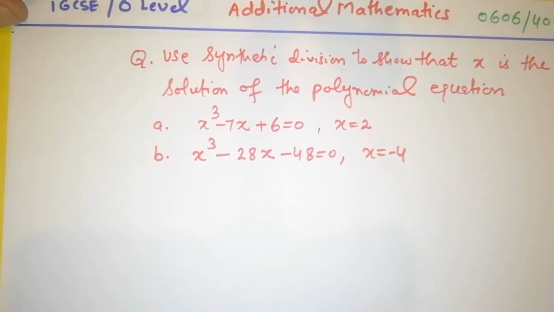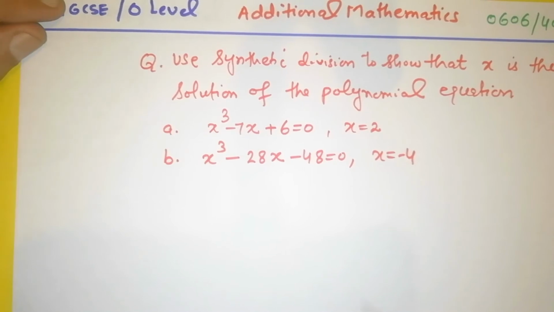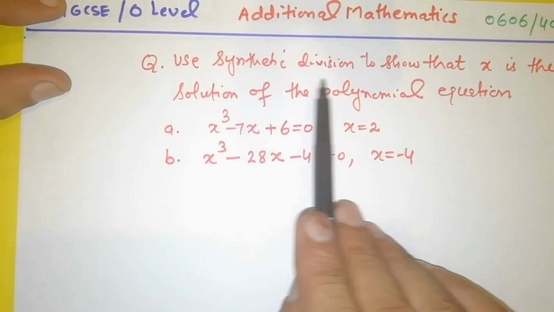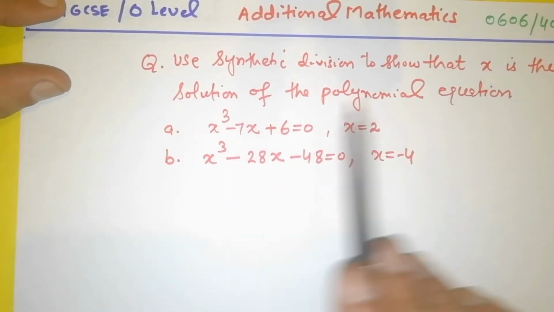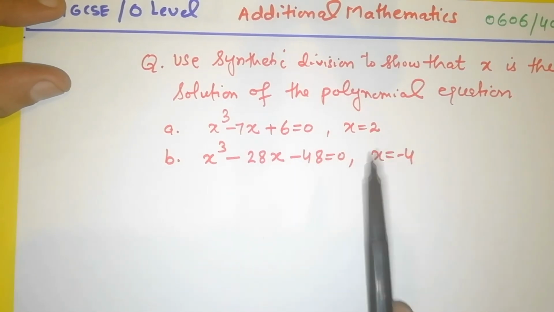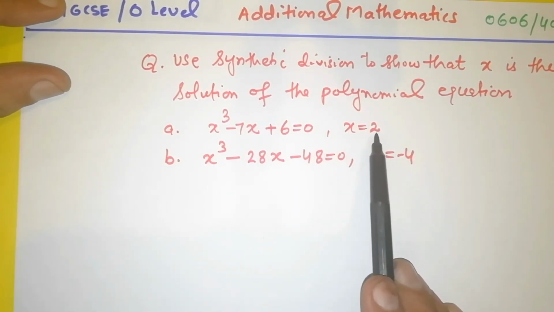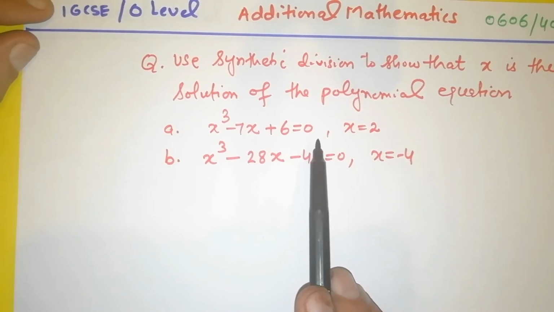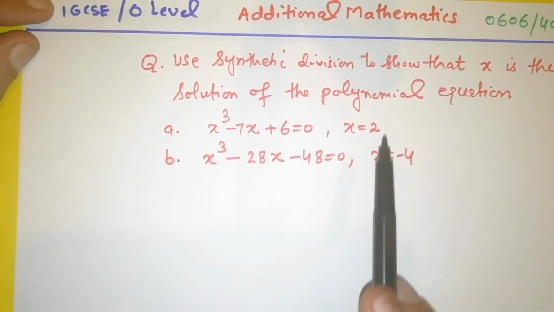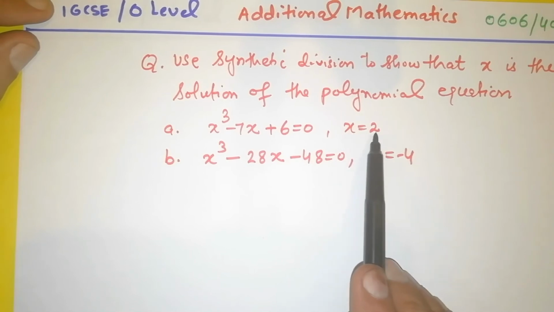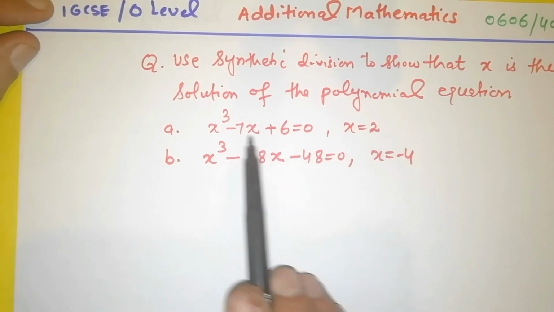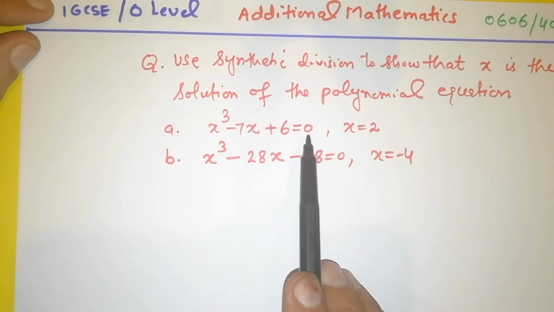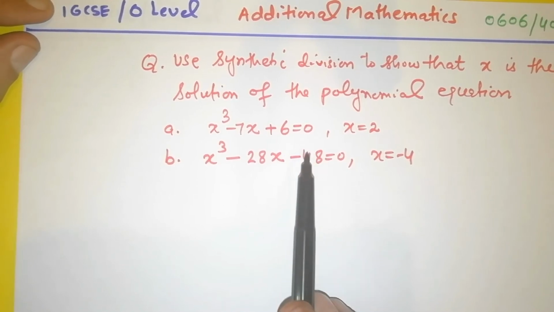So students, see, in this question: use synthetic division to show that x equal to 2 is the solution of the polynomial equation. Meaning the value x equal to 2 is the solution of this polynomial equation. As I said in the start, the value x equal to 2 is the solution of this polynomial if and only if our remainder is 0.